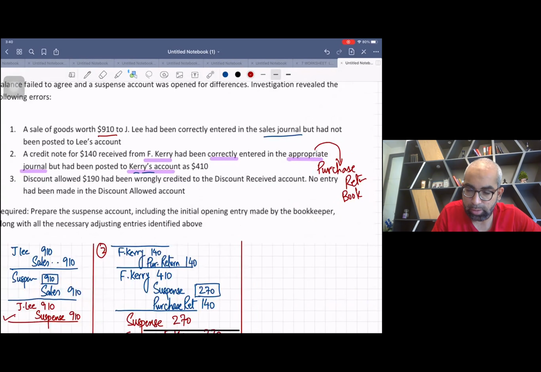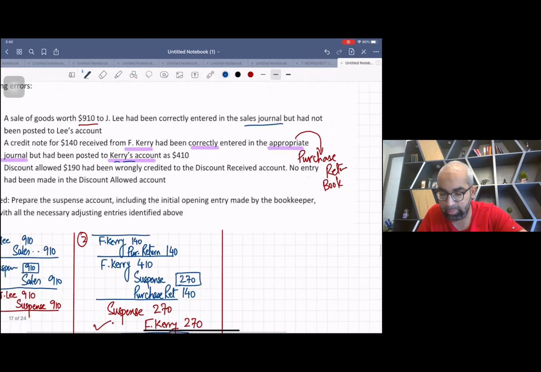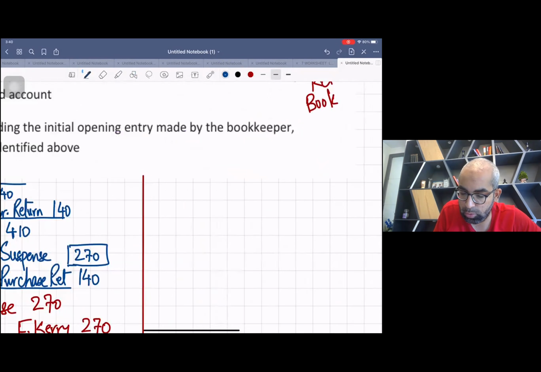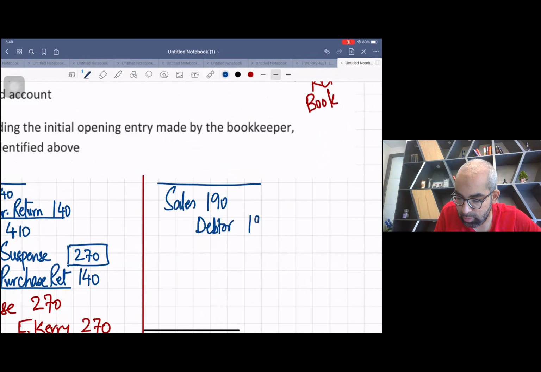The original transaction is discount allowed, cash discount allowed. Discount allowed means we are in the seller's book. So the original entry should be debit sales 190, credit debtor 190. This entry you must know now. It's been long now. So sales debit and debtor credit.